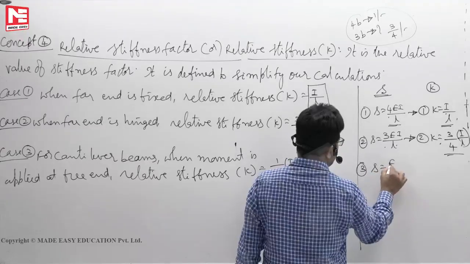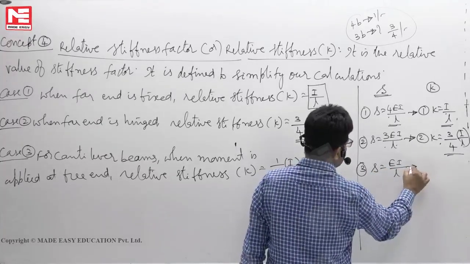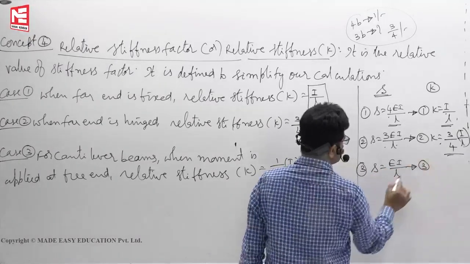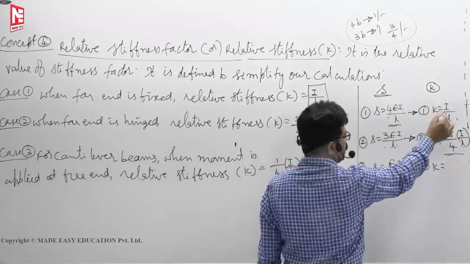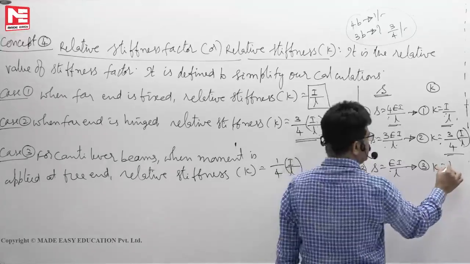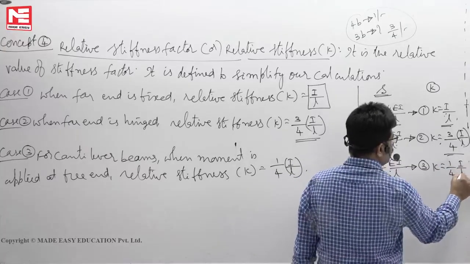If the stiffness factor is 4 EI by L, what is the relative stiffness? If you write I by L, EI by L, how much should we write? 1 by 4 I by L.